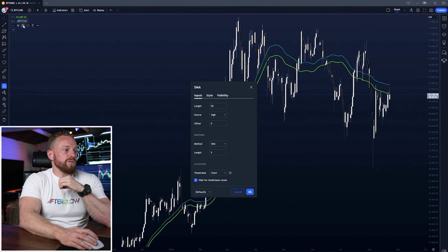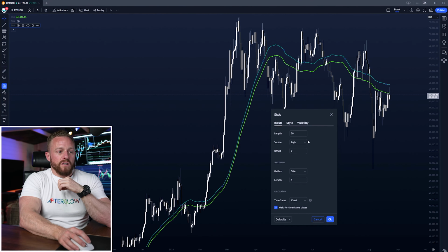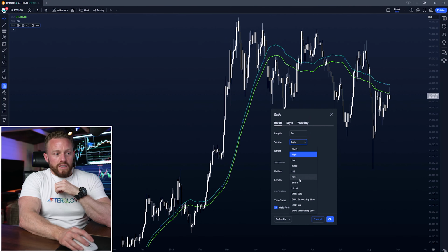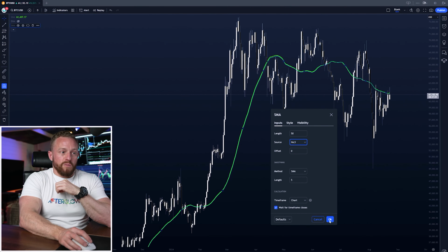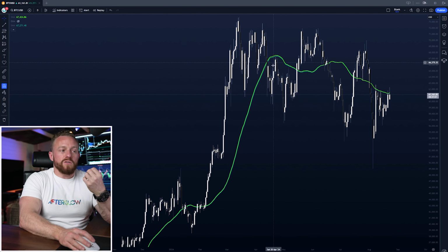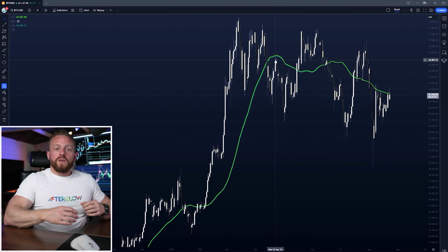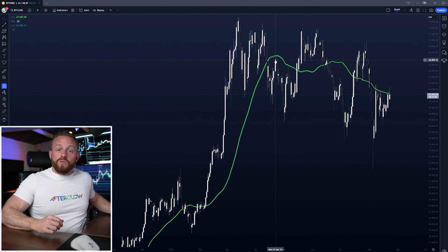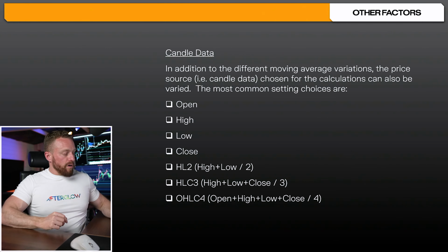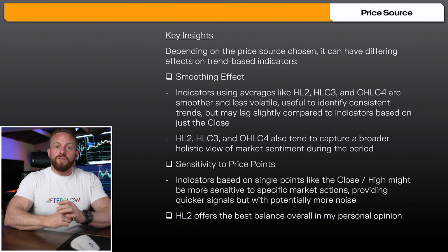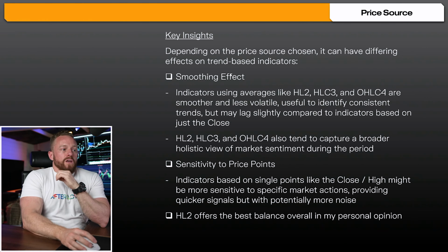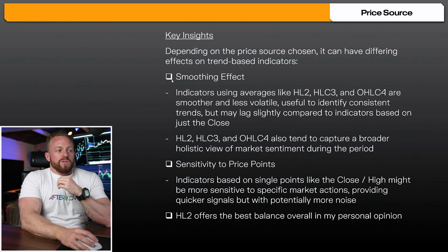If I change that from, say, high to HLC3, for example, and click apply, now you can see that turquoise line has moved, and that one's actually quite close to the closes. So how do you make sense of all those choices? Well, I've got a handy summary for you here. One consideration is the smoothing effect.